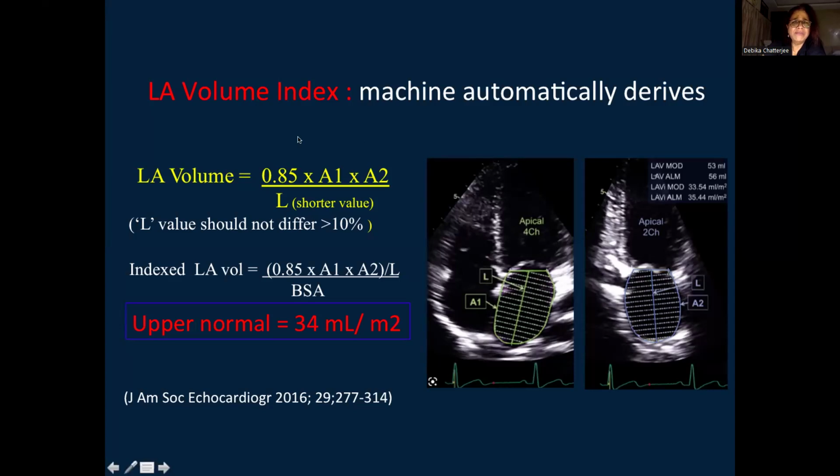So we get a value, and then if we divide that value by body surface area, we get the indexed LA volume, and the upper limit of normal is 34 ml per square meter.